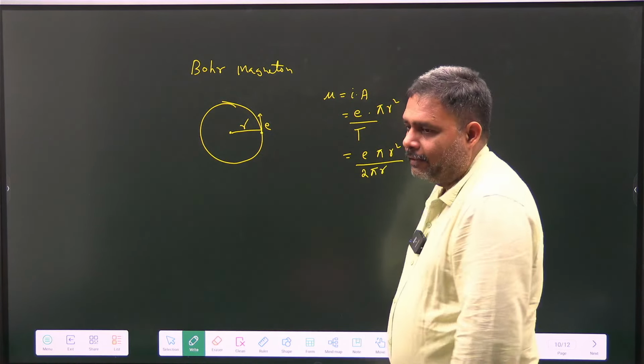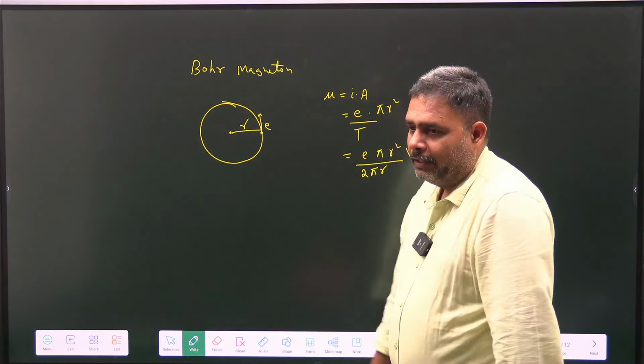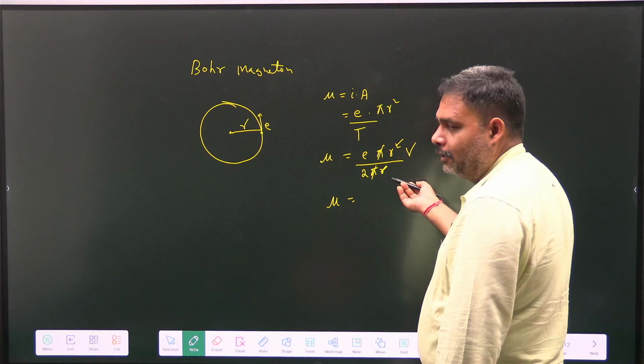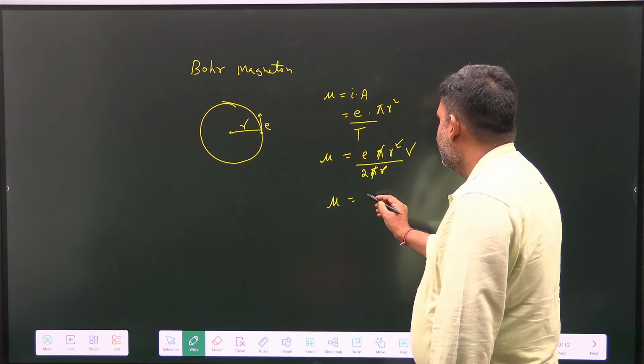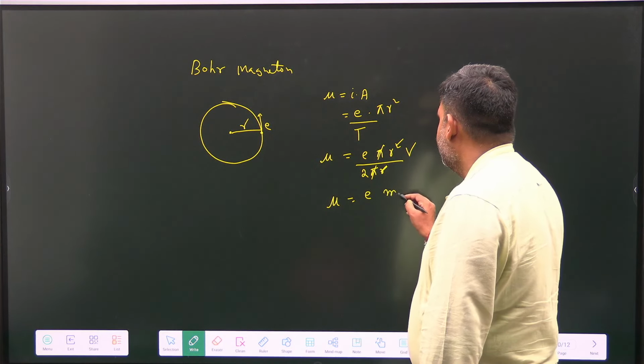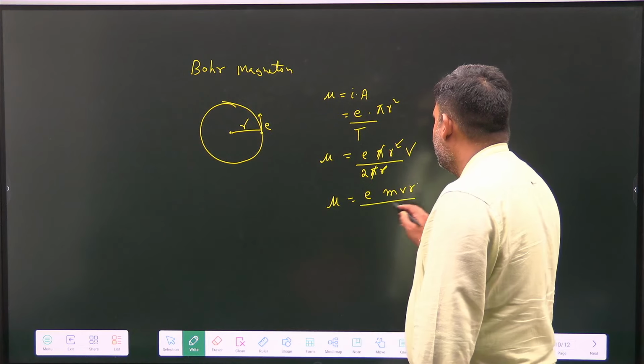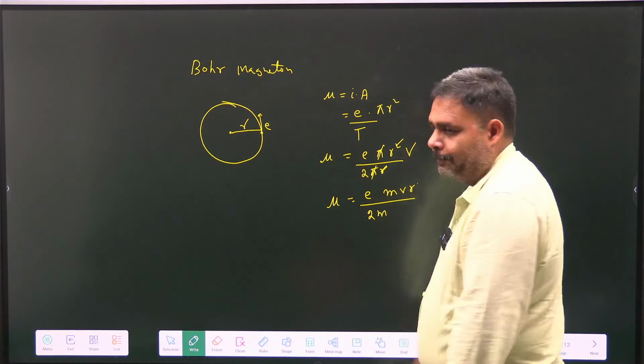I can take v there, the r will cancel, and the pi also cancels. If I multiply the mass of the electron on the numerator as well as the denominator, I get e m v r upon 2m.